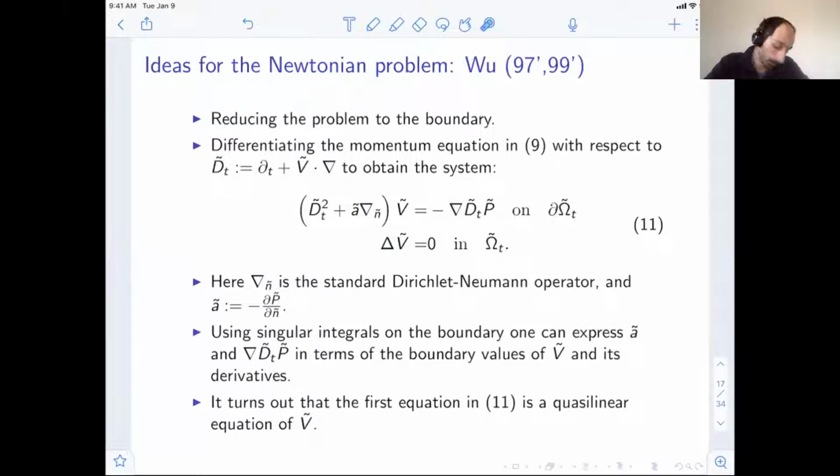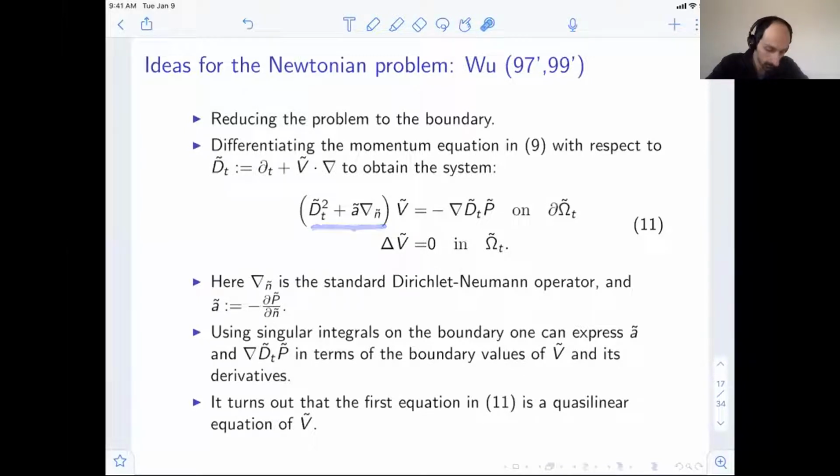Okay, and this condition that I've been talking about, that dp/dn on the boundary is negative, or minus dp/dn is positive, as you go inside the pressure increases, comes out precisely in the equations as the coefficient of this Dirichlet to Neumann map having the right sign. This is a positive function. So the operator here is quite nice.